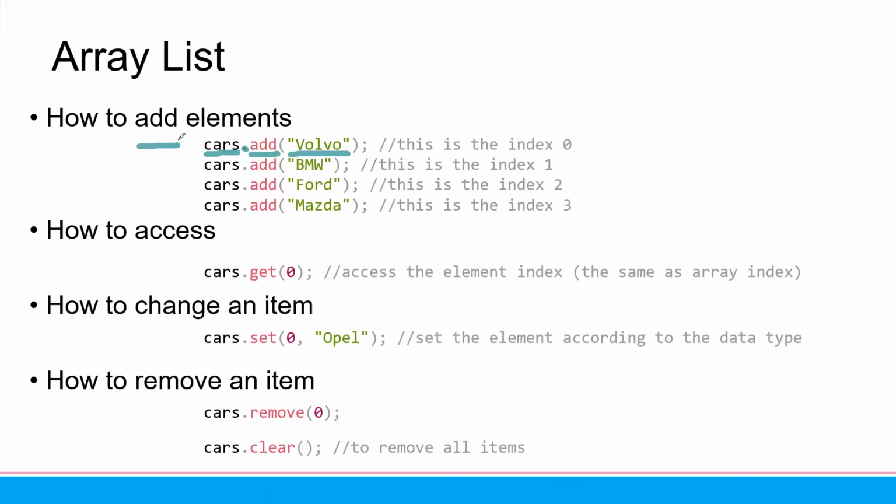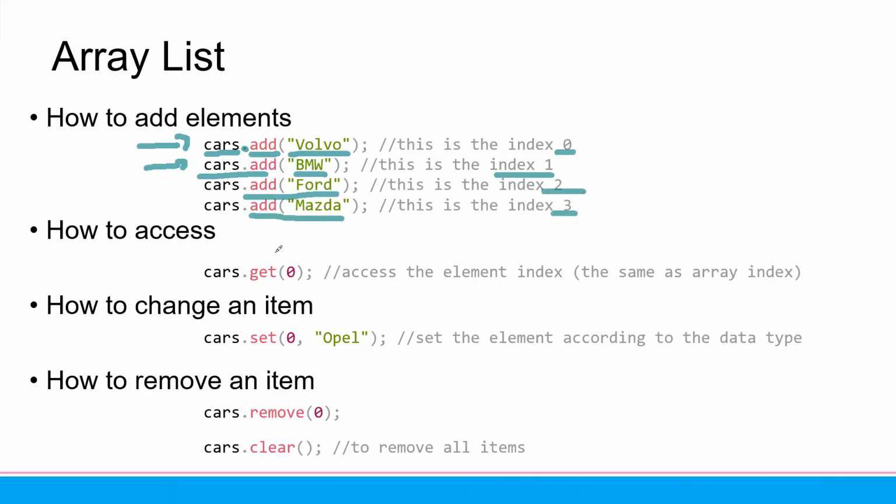Because it is the first, I know this is index 0. Then I'm going to add another car, BMW, and I know this is the second, so it will be index 1. I'm adding a new car, Ford, and it will be index 2. I'm adding a new car, Mazda, and it will be index 3.